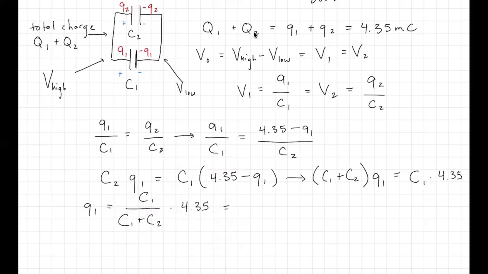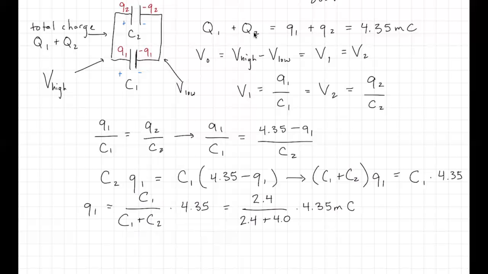So C1 is 2.40 microfarads. I'm going to drop all the micro units because I'm just taking a ratio. And then 2.4 plus 4 microfarads is C2, times 4.35. In 4.35, I'll keep the units there, millicoulombs. Well, I think I said coulombs for the capacitor too. It should be microfarads, excuse me.